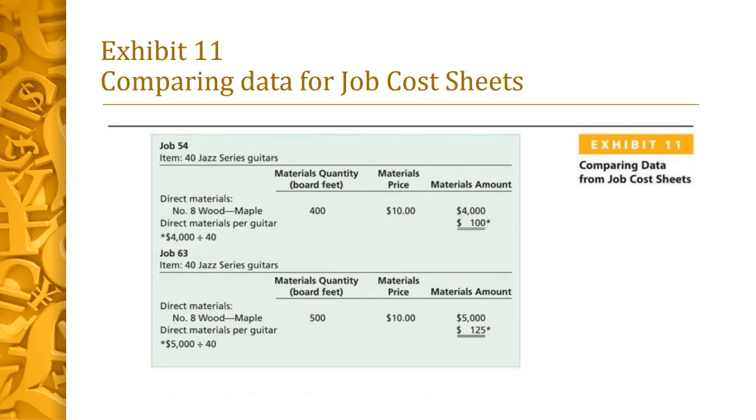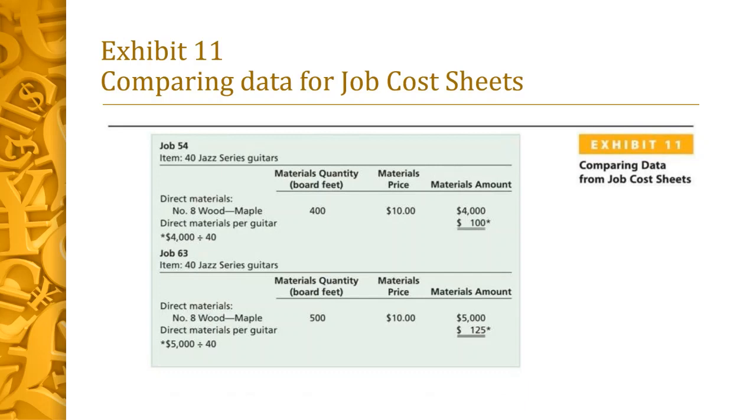Comparing wood consumed for jobs 54 and 63 shows that 400 board feet were used in job 54 to produce 40 guitars. In contrast, job 63 used 500 board feet to produce the same number of guitars. Thus, an investigation should be undertaken to determine the cost of the extra 100 board feet used for job 63.